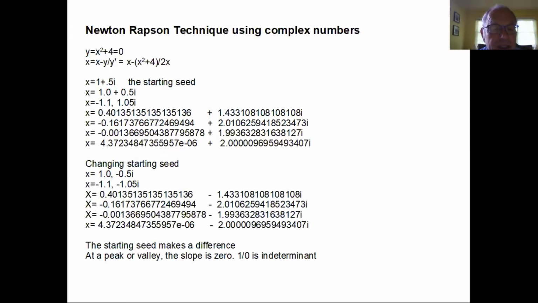However, if we put in the seed of 1.0 minus 0.5i, it converges to the value of minus 2i. Not surprising because the square root of minus 4 is plus or minus 2i. Thus, we see the starting seed makes a difference. At the peak or valley, the slope is 0, so 1 over 0 is indeterminate.